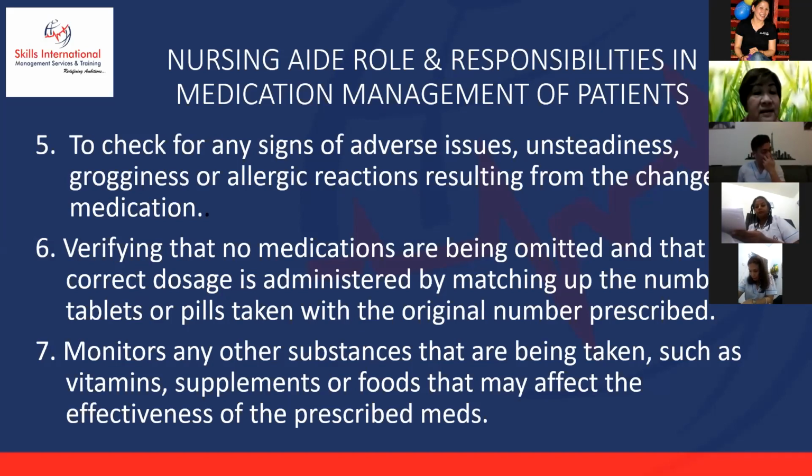So there are signs of these bad issues. Sometimes some skin rashes will come out, or there are allergic reactions resulting from the changes in medication. So you must be observant. You are the one together with the patient, so you know the patient more than anybody else in that home.